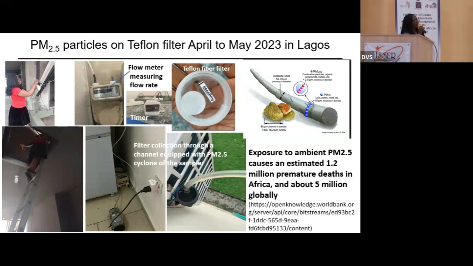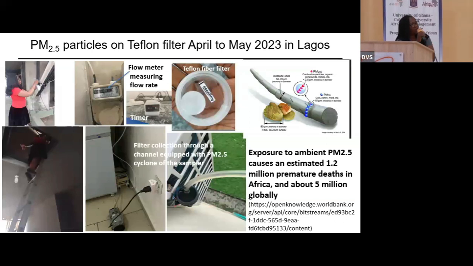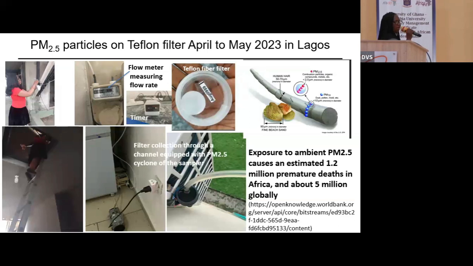So that pump is connected to a flow meter that records the flow rate. And then it's also connected to a timer because we want to collect the sample for 24 hours.